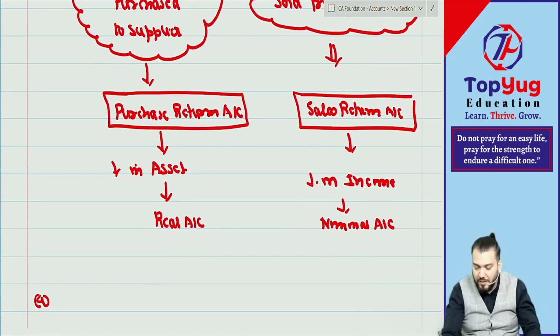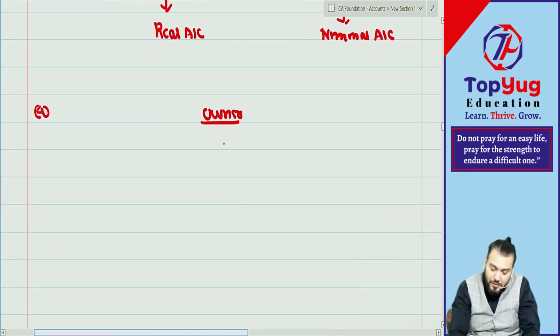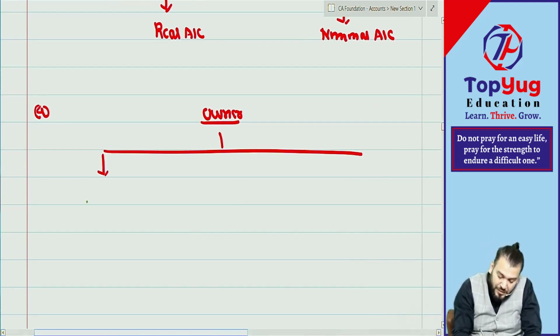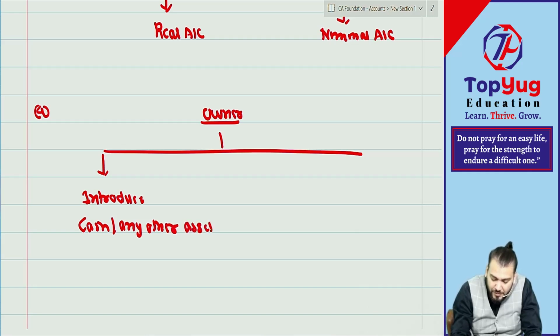The last special term, point number 4, is about honor. Whenever there is an honor, Mr. Ram in our example, either Ram will introduce either cash or any other asset in business. Understood?